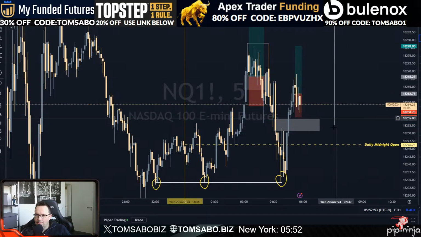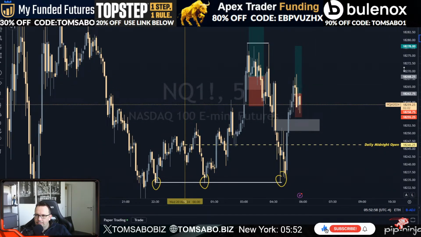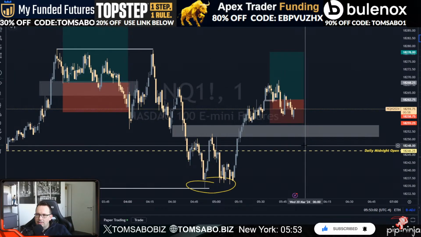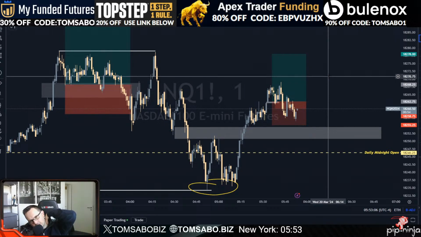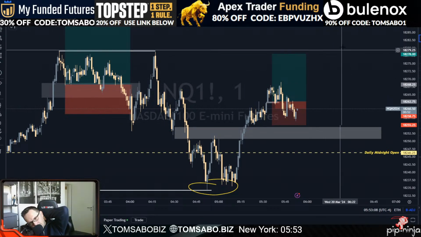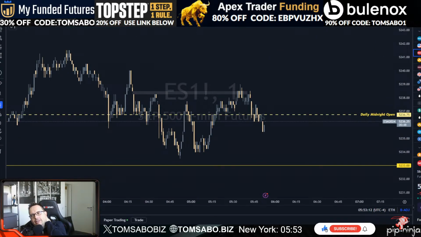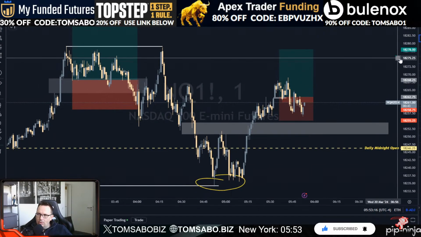Nice inversion gap. Maybe I should have put my stop below this gap, but that would be too much risk. So I'm just going to wait and hope that ES pops higher and pulls NQ with it.